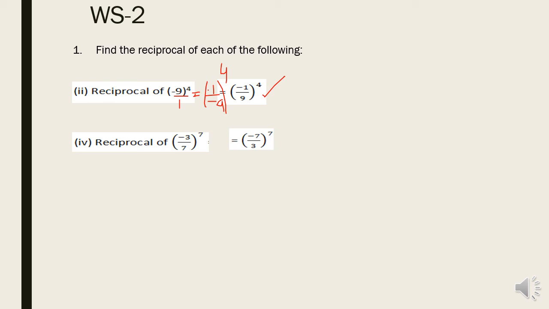Kindly note students, you can also apply the formula: reciprocal of (a by b)^n is equal to (b by a)^n. This formula we have studied in our previous slide.